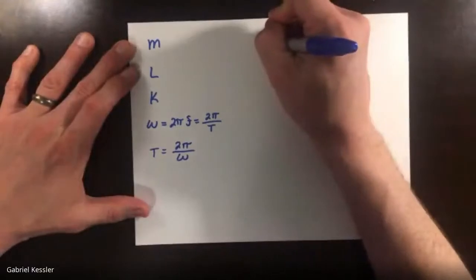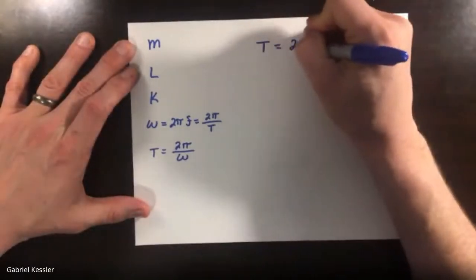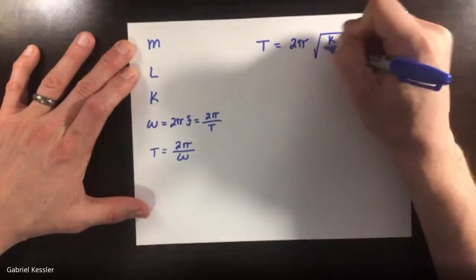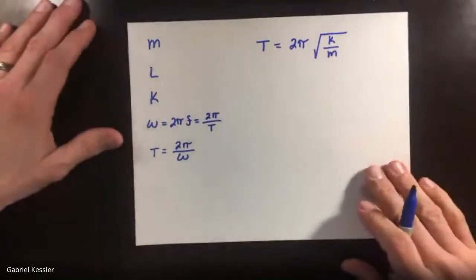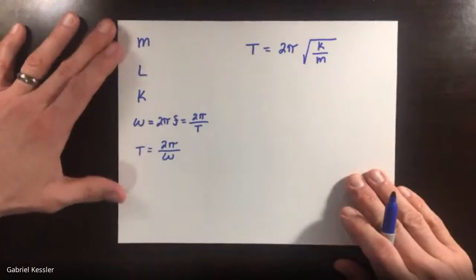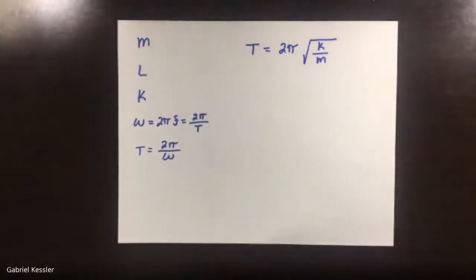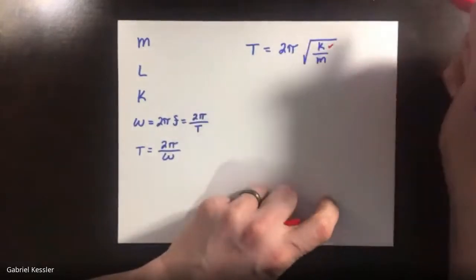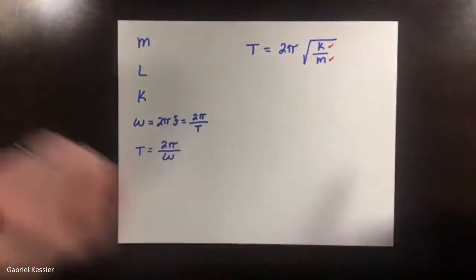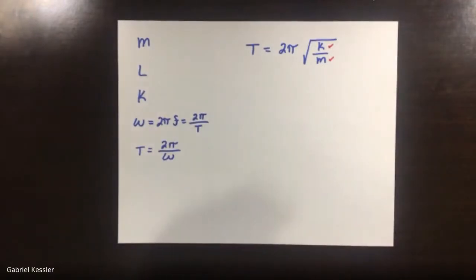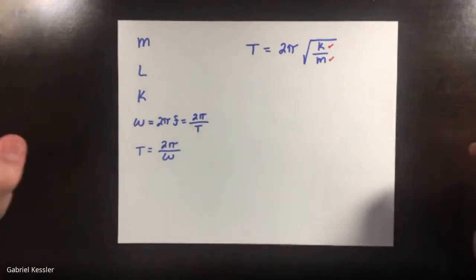And that equation with period that deals with springs is period equals 2 pi square root of K over M. Okay, so let's see. We have the K value, that's good. We have the mass, that's good. The angular velocity, we have that. We have the period as well.